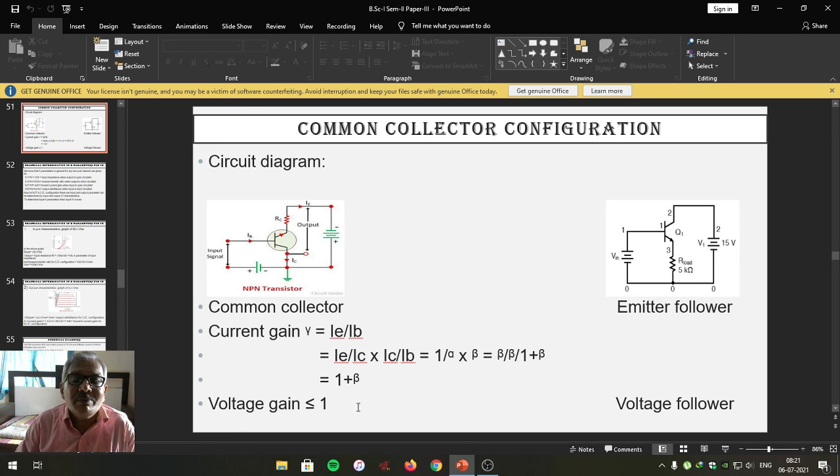Such a configuration of BJT in which the collector is common for input and output, output is taken across emitter, output follows the input, whose voltage gain is unity and current gain is maximum, and which can be used for impedance matching as a buffer amplifier, is known as common collector configuration.